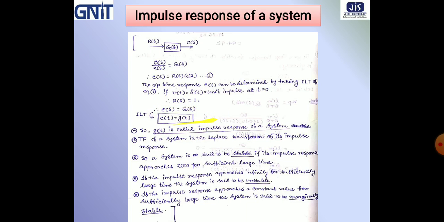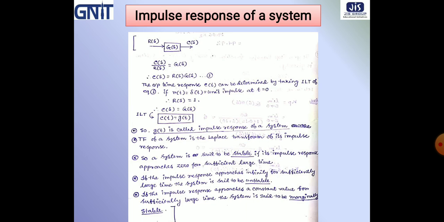So this is our impulse response in time domain. So g(t) is called the impulse response of a system. Now the transfer function of a system is the Laplace transform of its impulse response. That's why we can say that the transfer function of a system is the Laplace transform of the impulse response.